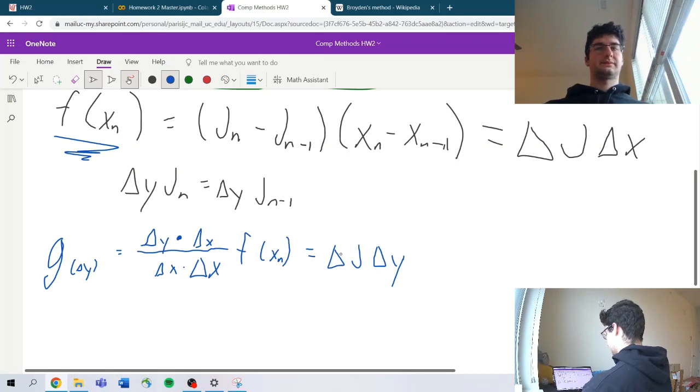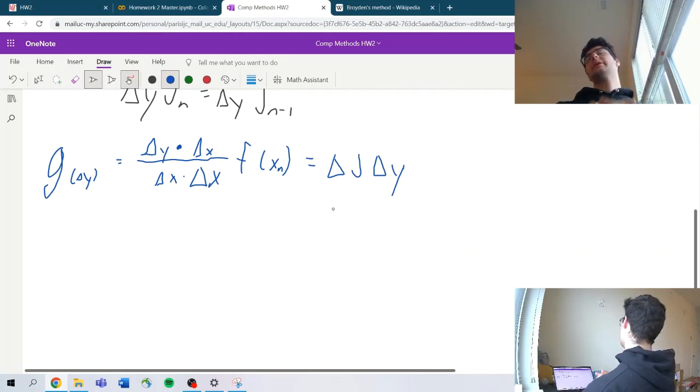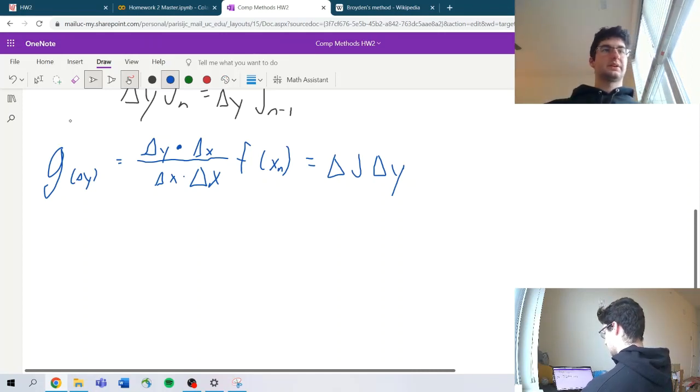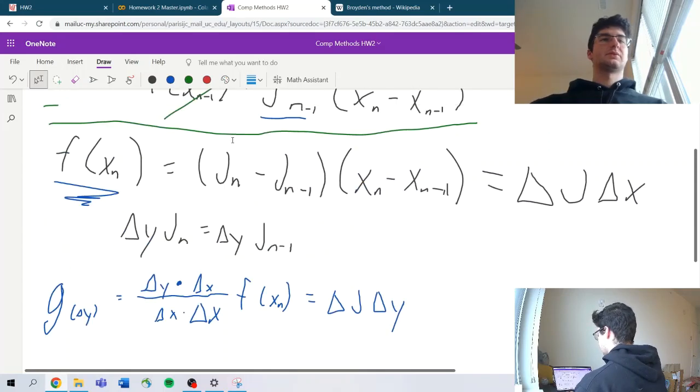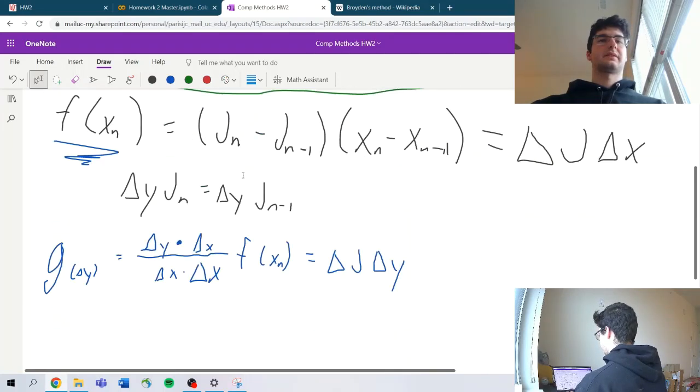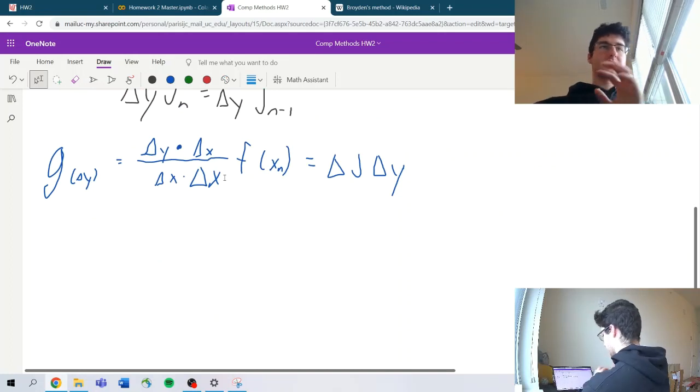Okay, so we have this now. Where do we go from here? Well, we're going to use this to get to this. But first things first, we're going to look at this numerator here.